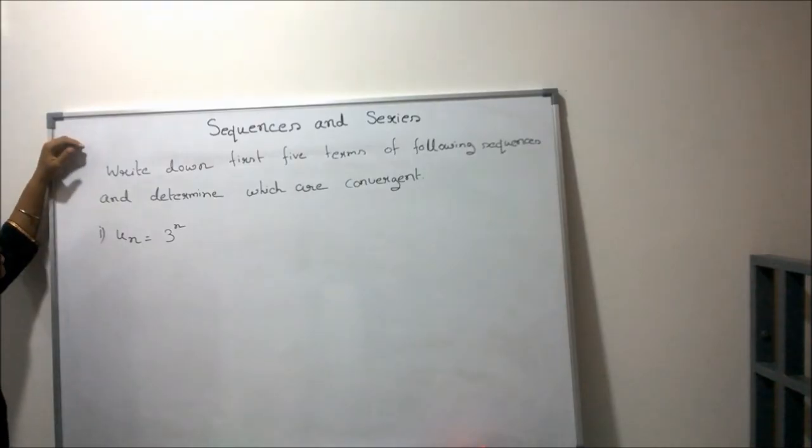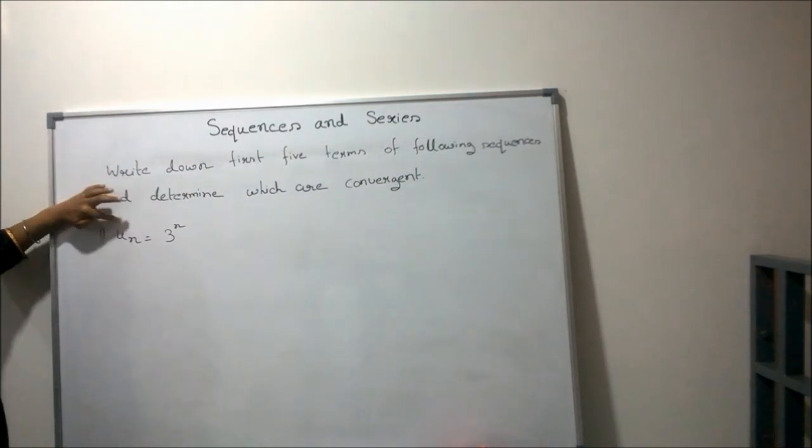To find or write down the first 5 terms of the following sequence. So here we see that the explicit form is given, the nth term. The first problem is that we have to find the first 5 terms of this sequence, and we have to determine whether this sequence is convergent or not.